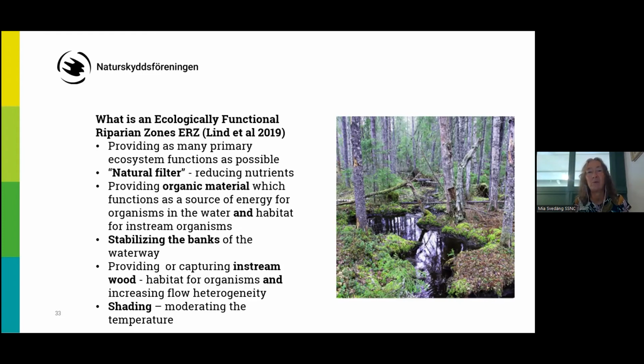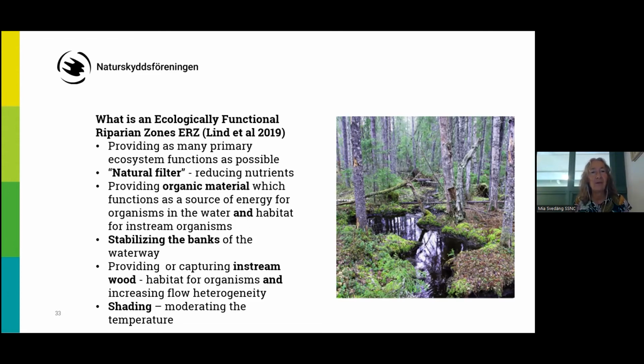It will function as a natural filter, processing nutrients. It will also provide organic material which functions as a source of energy for organisms in the water, and also as a habitat for in-stream organisms, because on organic material such as leaves, many small animals live on or in them, of course.